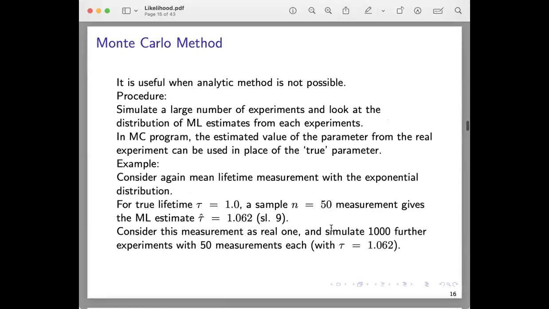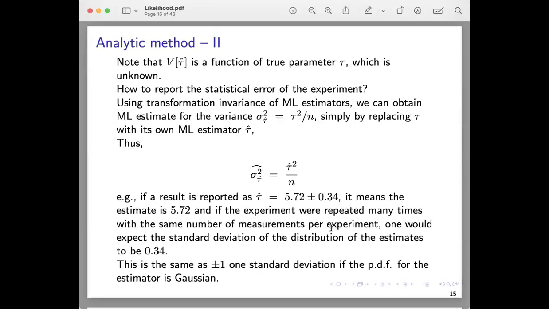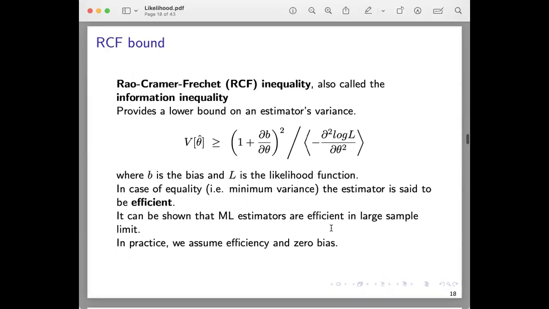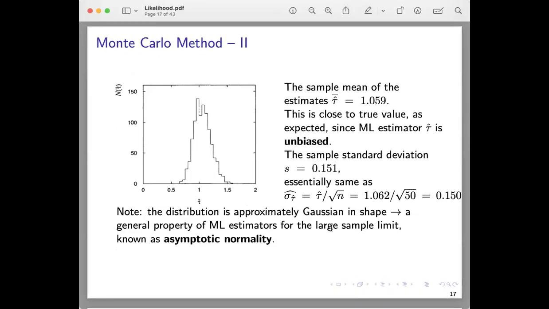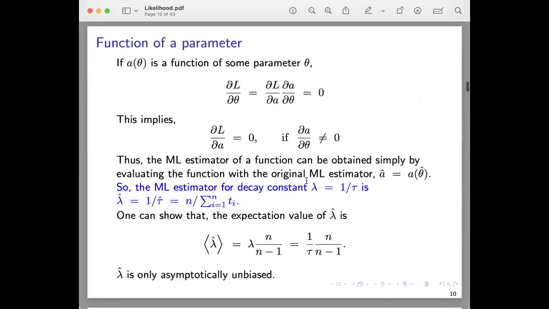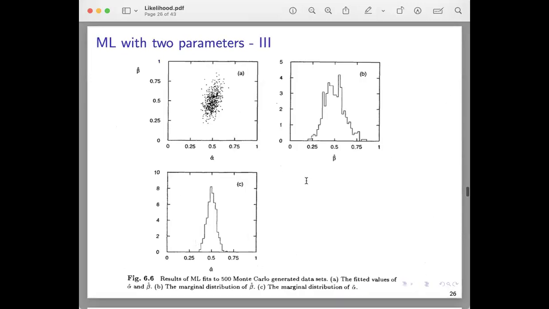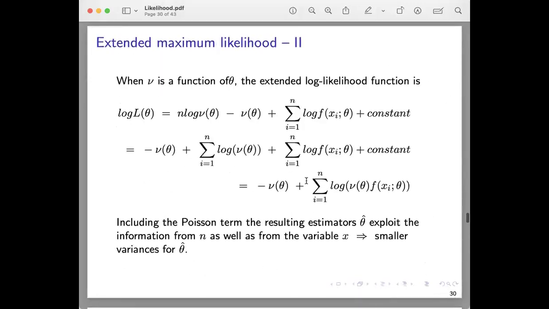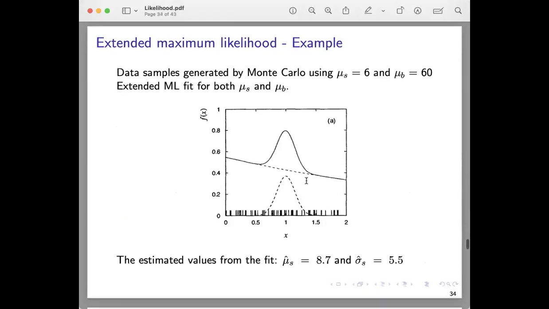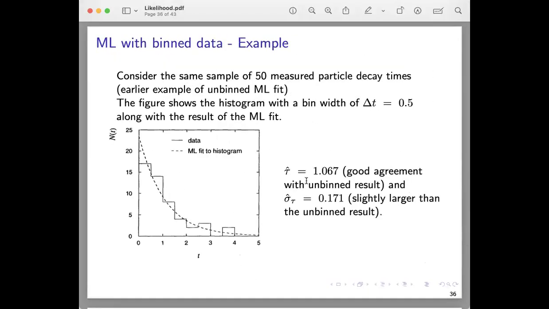No, actually sigma is 0.15. So if you do the same thing here, you can see the result is slightly larger than the unbinned result.